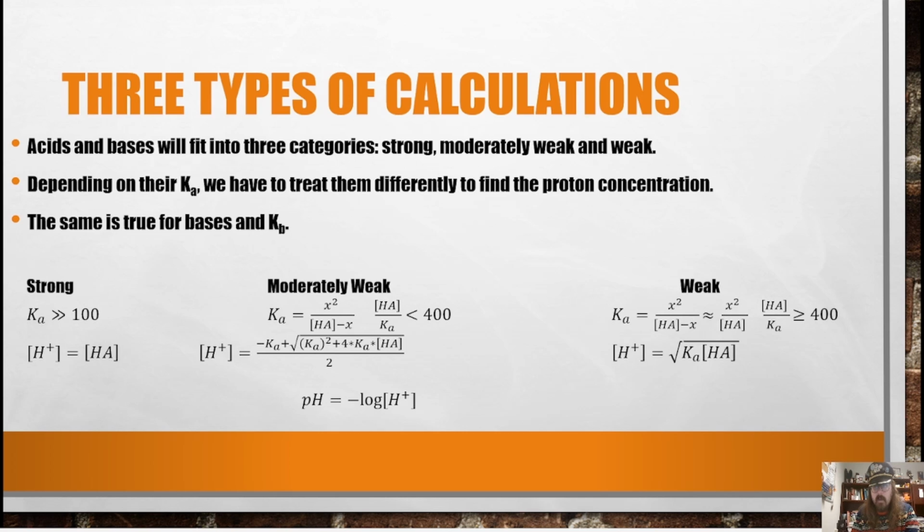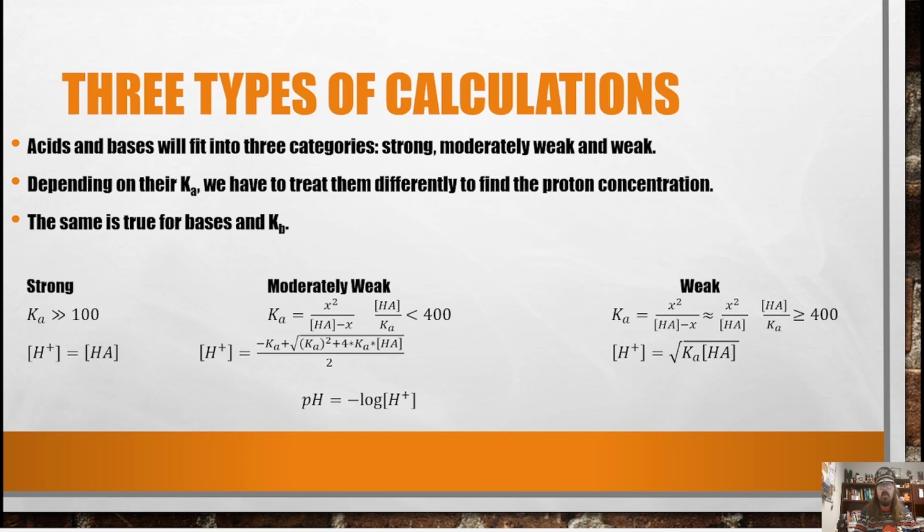On very weak acids, our Ka is so small that the dissociation of our initial concentration of acid is insignificant. And so it just becomes the square root of Ka times the initial concentration of acid.